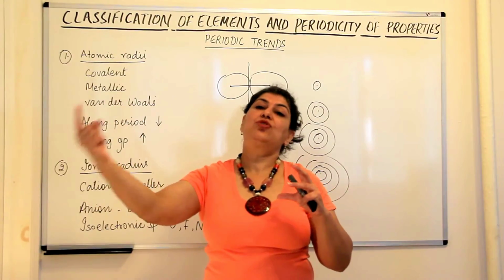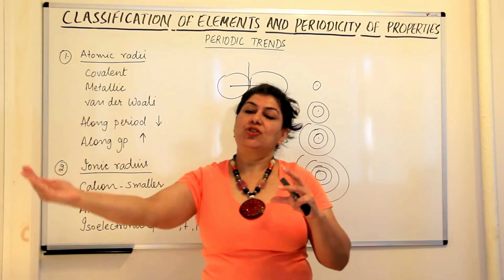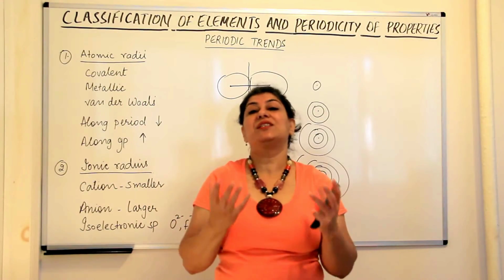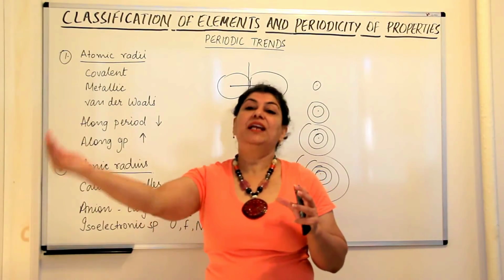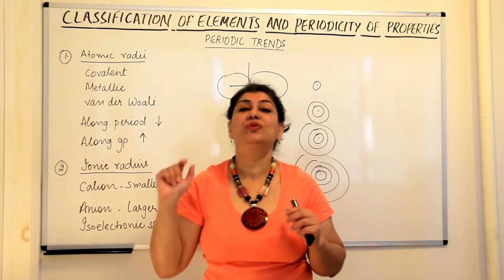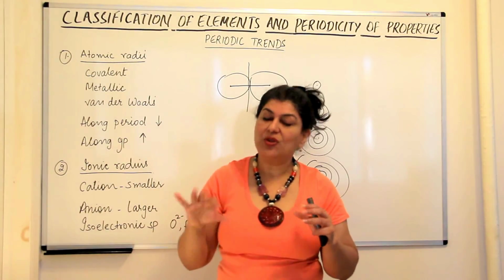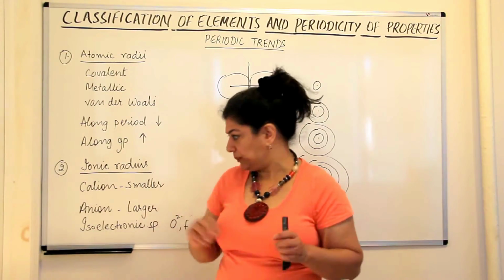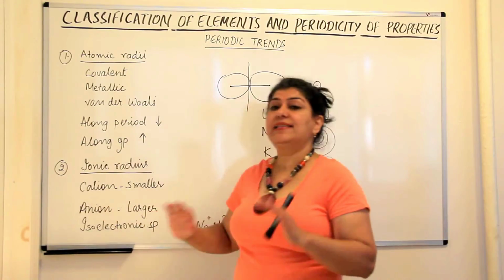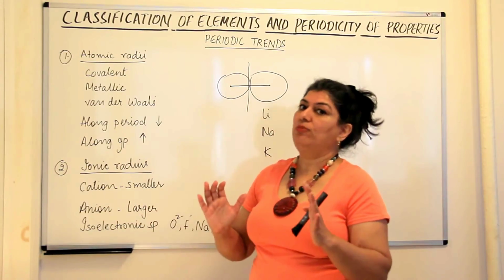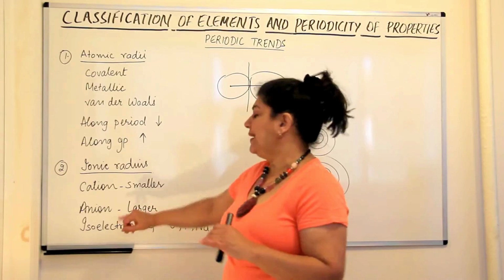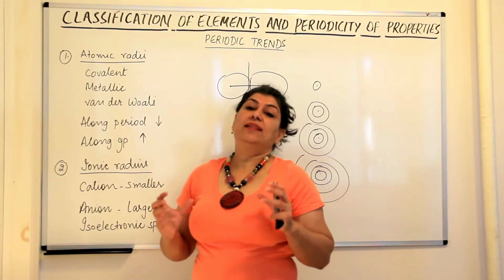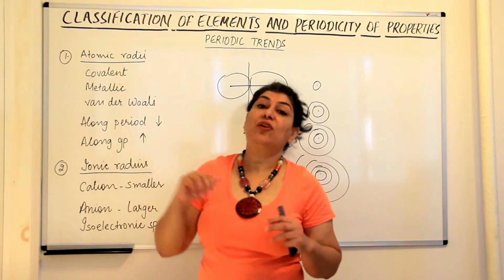So if one electron has a unit negative charge, gaining 1 electron gives it 1 negative charge. Gaining 2 electrons gives it a 2 negative charge. Gaining 3 electrons would give it a 3 negative charge. So cations are positively charged and formed by the loss of electrons, and anions are negatively charged and formed by the gain of electrons.